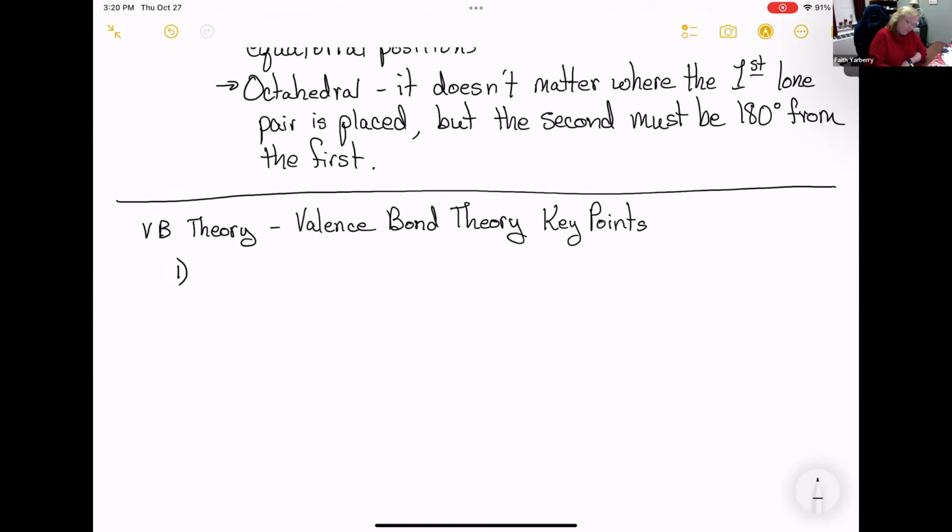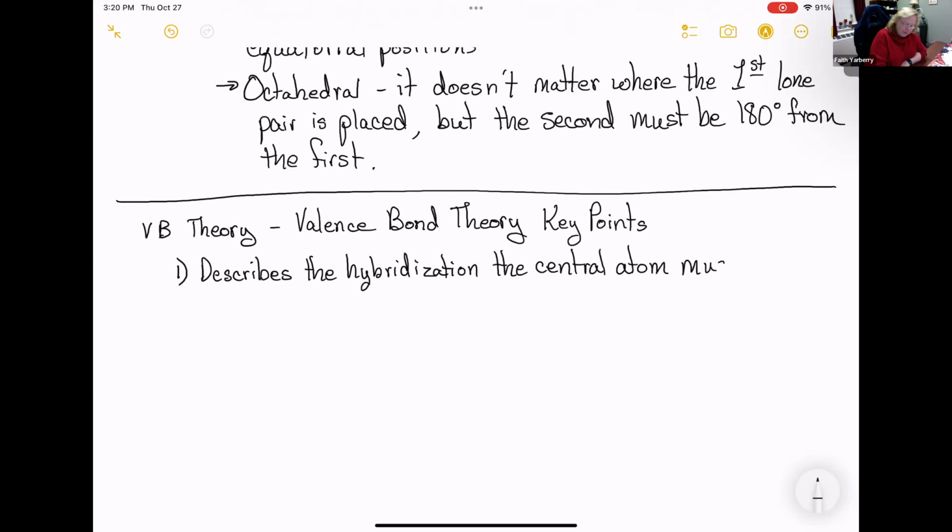Valence bond theory describes the hybridization the central atom must undergo in order to obtain the geometries observed.